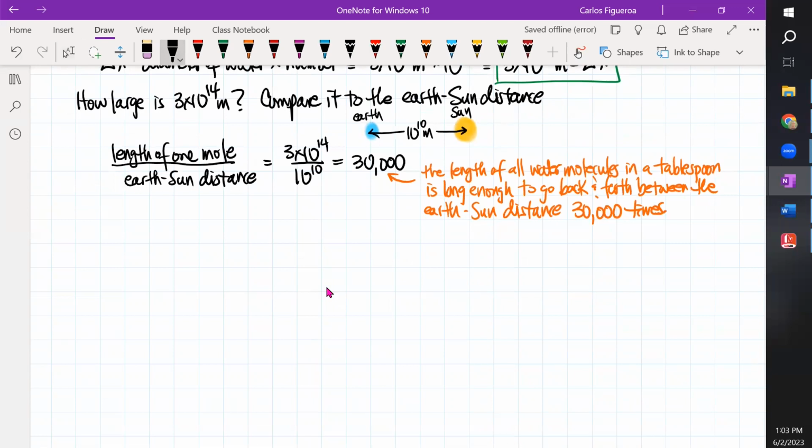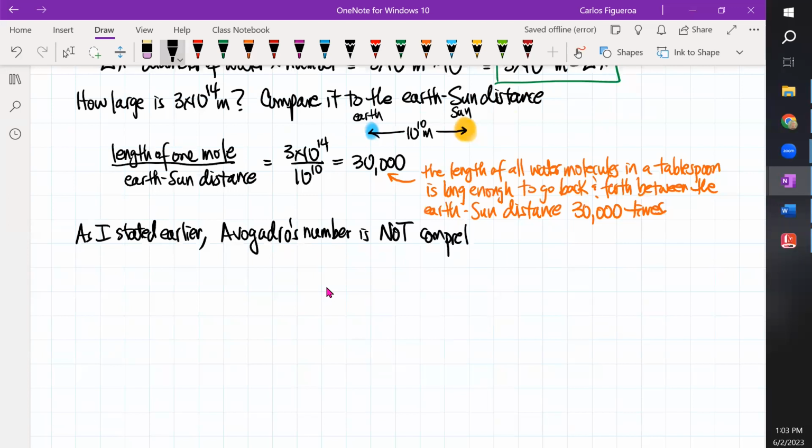What can I say? As I stated earlier, Avogadro's number is not comprehensible, right?